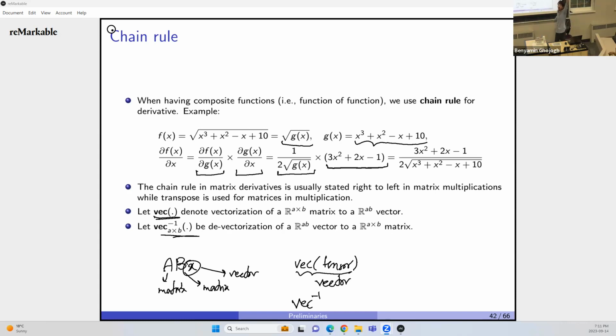Whatever you have, vectorize it. In devectorization, you need to have the shape. For example, you have a vector, you want to devectorize it to become a matrix with A rows and B columns. So for devectorization, you need to know the dimensionalities. But for vectorization, you don't care.